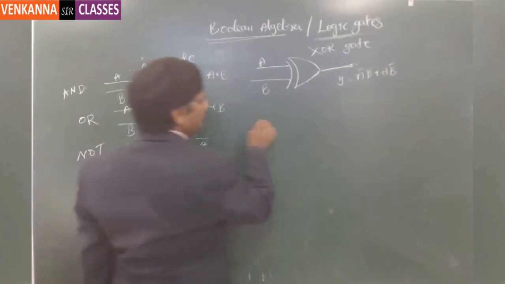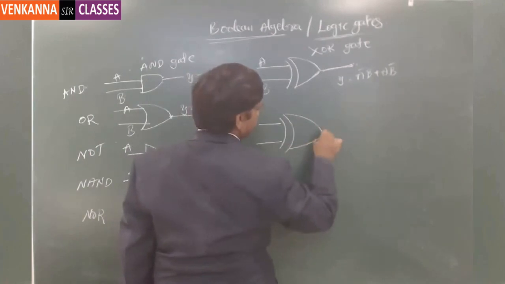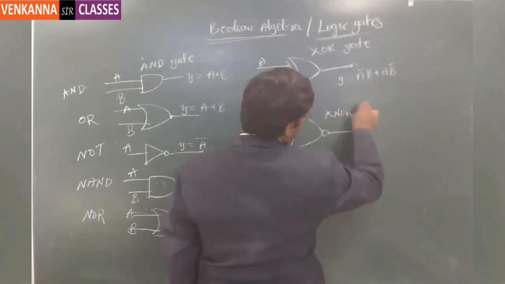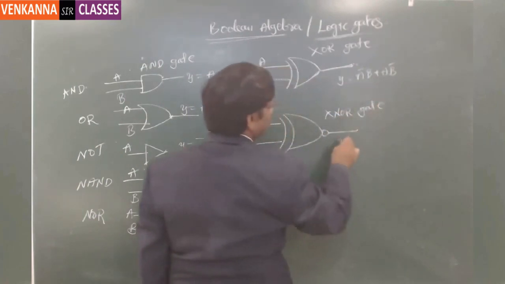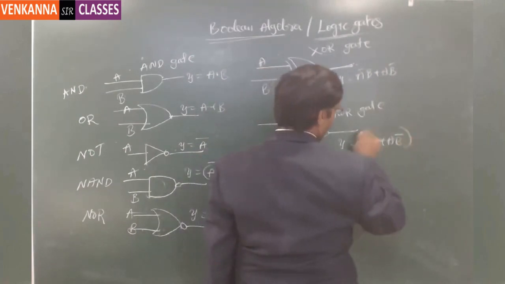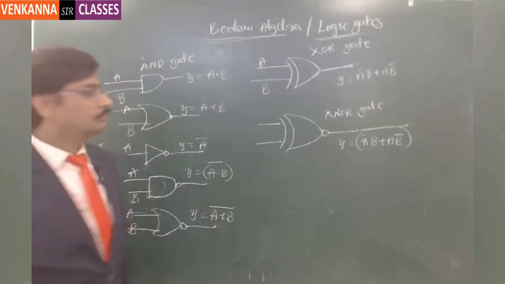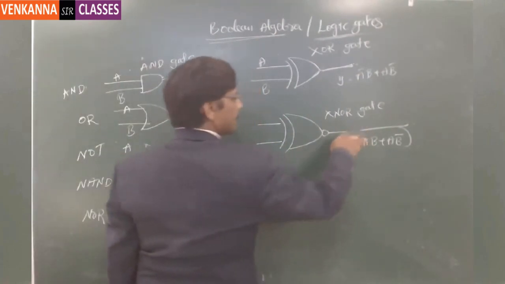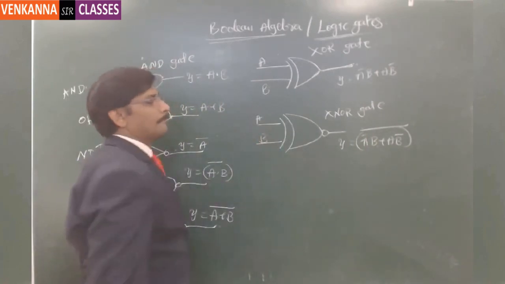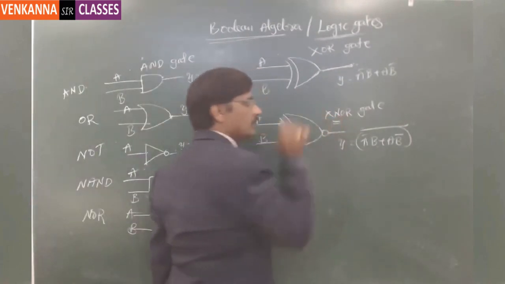And for the XNOR gate, if you put a circle, then we call this the XNOR gate. And this is Y is equal to A bar B plus A B bar whole bar. So if you get an N, then it is the opposite of it, that's all.